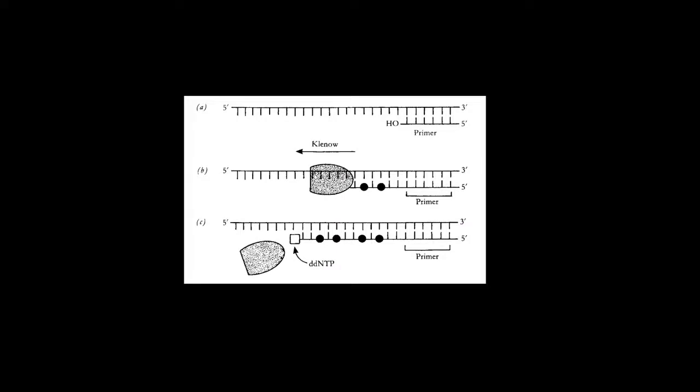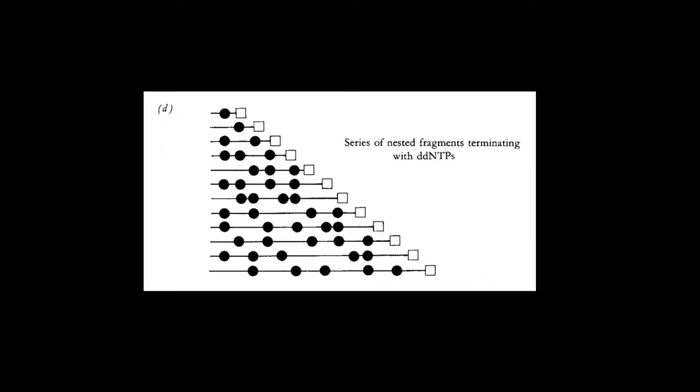The production of nested fragments is by the incorporation of a modified dNTP in each reaction. These dNTPs lack the hydroxyl group at the 3' position of the deoxyribose necessary for chain elongation. Those modified dNTPs are known as dideoxynucleoside triphosphates, ddNTPs.